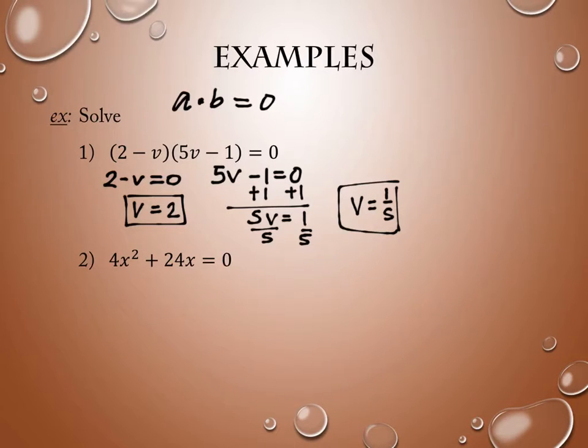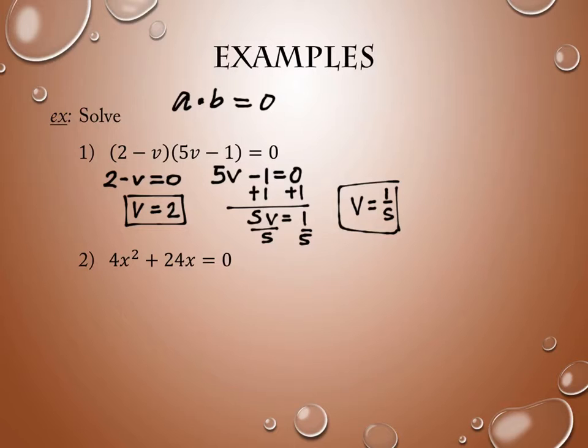The second one is not set up the same way. What looks different about the second one than the first one? There's a squared in it. What else? It's not already in factored form. So on this one, we actually have to factor, and when we are looking at any factoring, to start with, we should always ask, does any of it have something in common with everything?